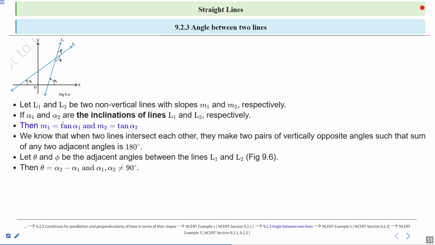So for this we take alpha 1, alpha 2 not equal to 90 degrees, and theta is alpha 2 minus alpha 1. Therefore tan theta is equal to tan of alpha 2 minus alpha 1.